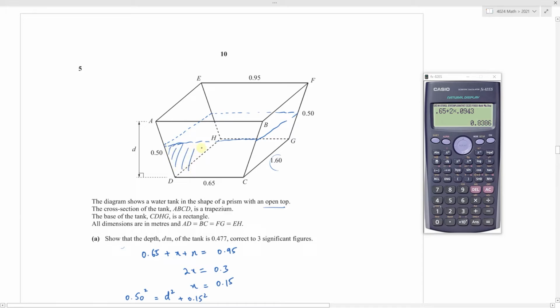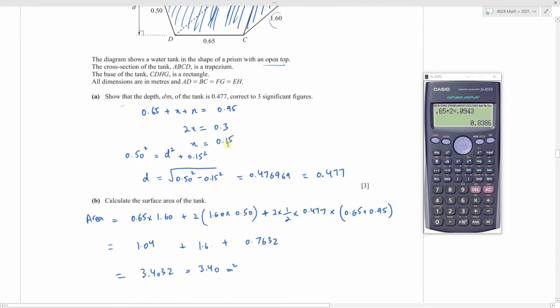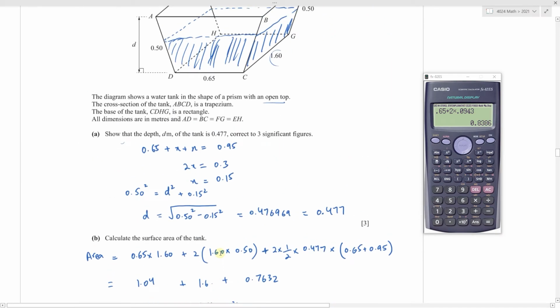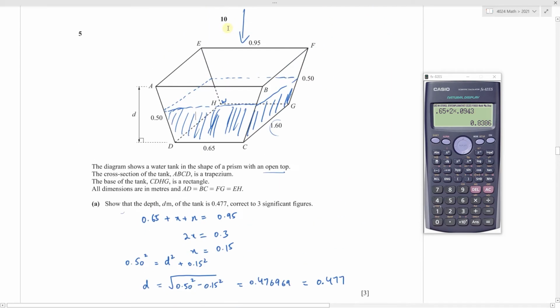So this is all water. Now, if you look from the top, you have to find this surface area, which is a rectangle. This side here is W, and the other side here is 1.60.